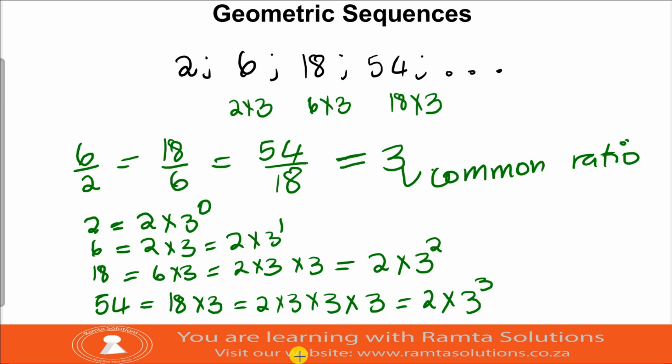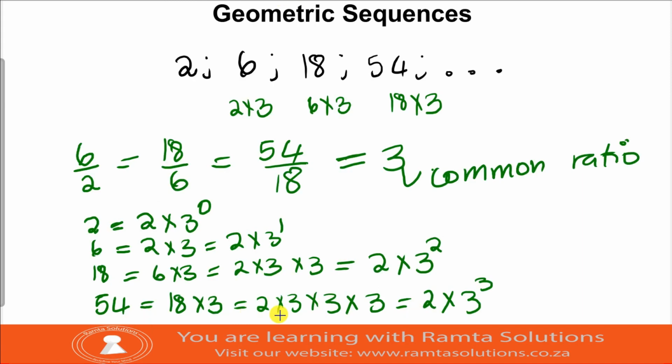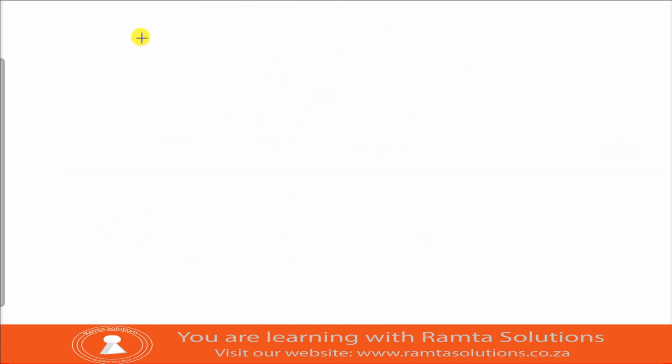Alright? So I can find my general term. When I look at it, every number here has a 2, so it seems like it is multiplied by a 2. So I will say our Tn equals 2 multiplied by 3, but I'm not sure 3 to the what.